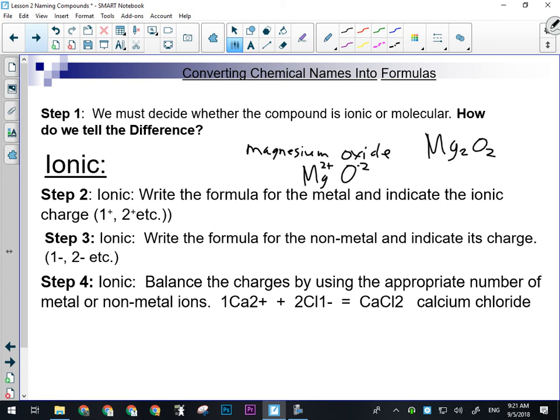So the general rule is it's like fractions: if you can reduce it, reduce it. If you got 3 and 6, you reduce it down to 1 and 2. What a brain fart that was. So you get the idea here. If you can reduce, reduce down to the lowest terms on ionic compounds.